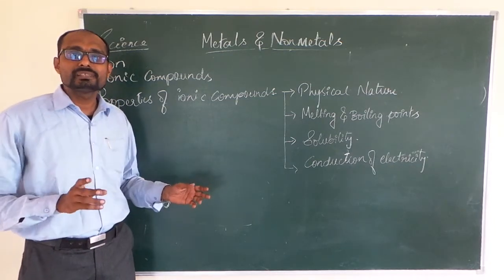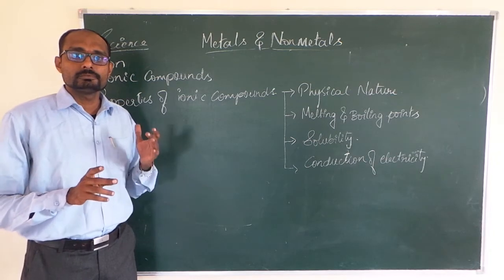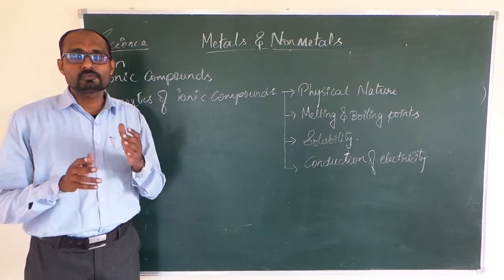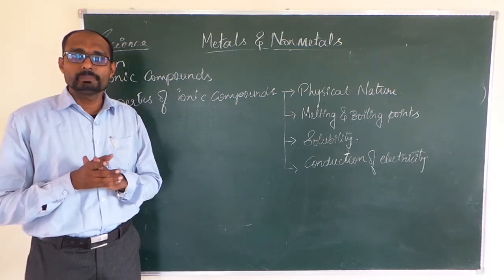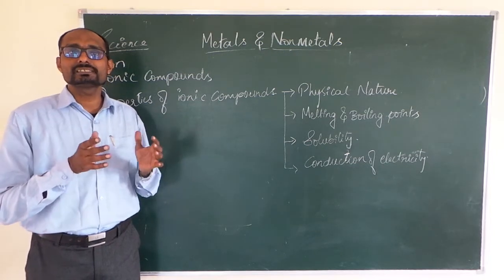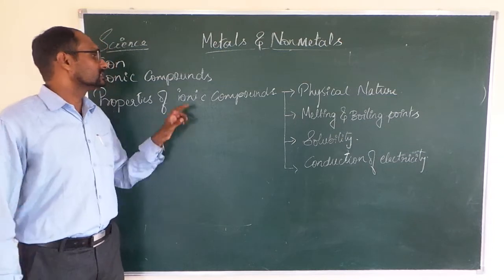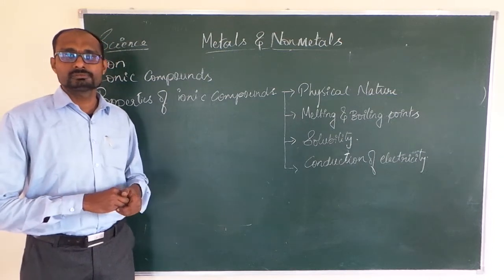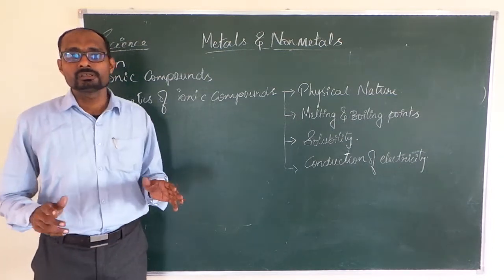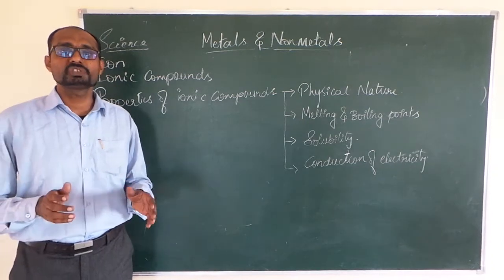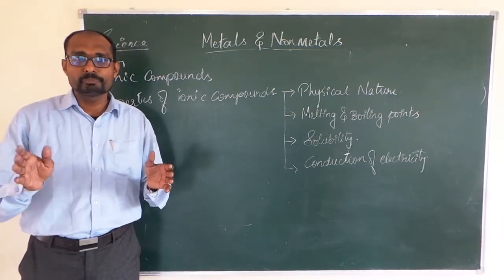Now, the compound that is formed because of the force of attraction between two oppositely charged ions is called an ionic compound. An ionic compound necessarily forms between a metal and a non-metal.